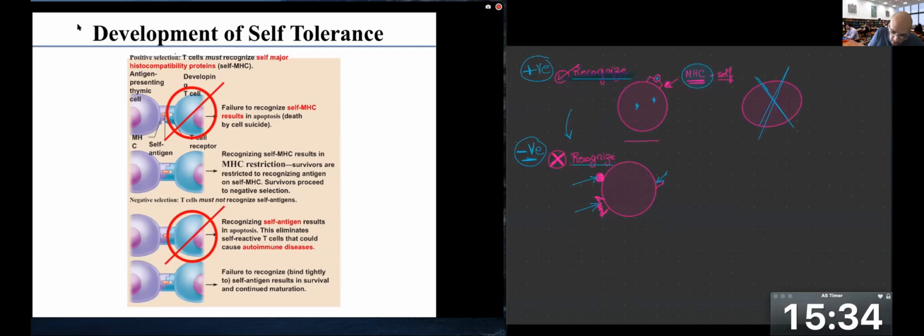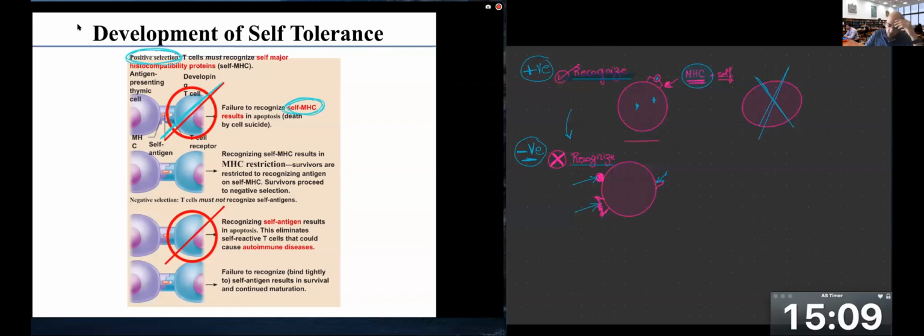The first one is the positive selection. In the positive selection, I will be recognizing a self-antigen, which is MHC. If I fail to recognize MHC, the cell is going to be destroyed.